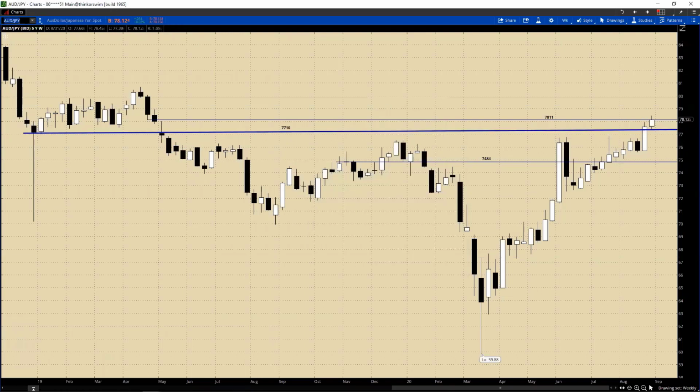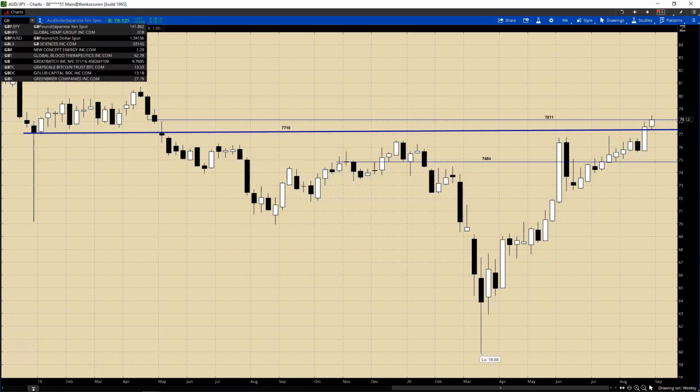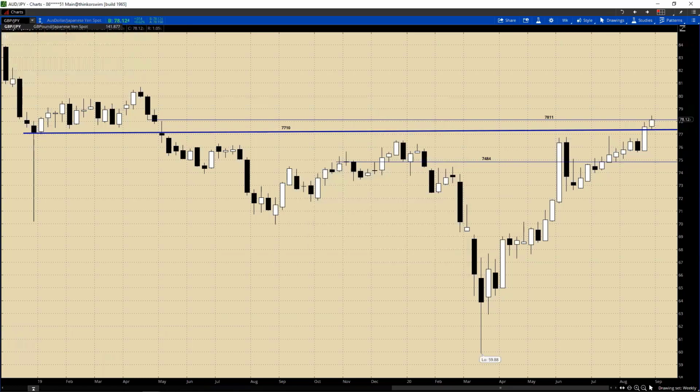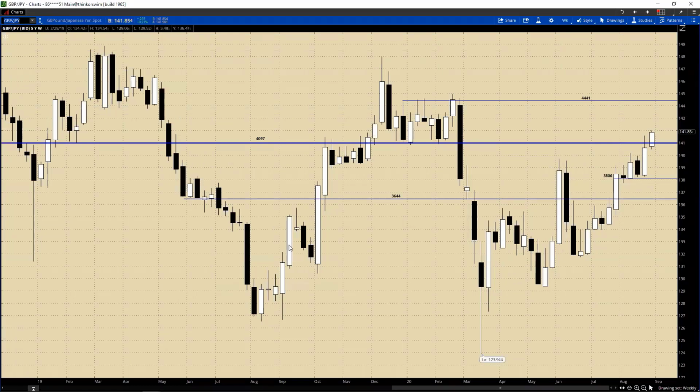And let's go move into the guppy. Oh, we will continue to push higher. Let's see here.